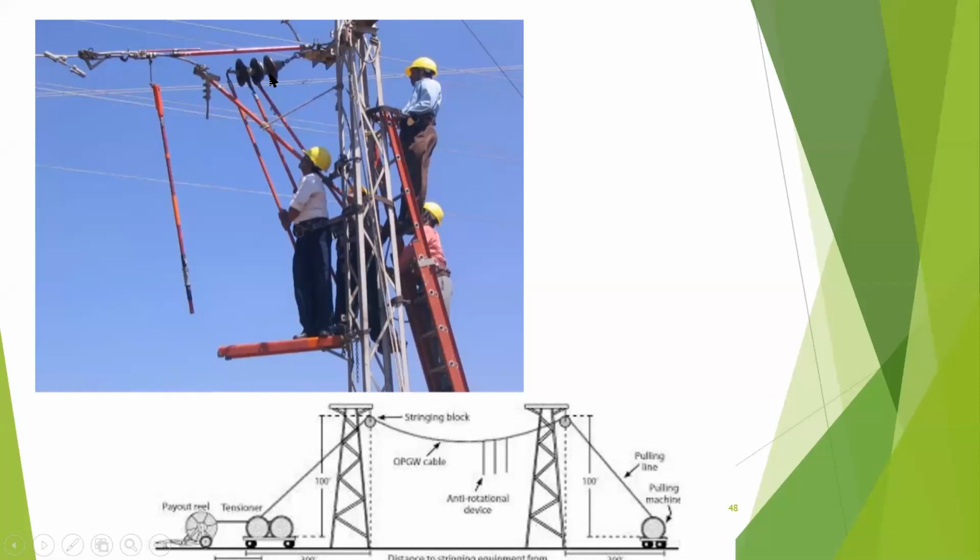When this one is a little slacked, they handle the insulator string to be removed from the cross arm, and then they can replace it with another one. They can do the complete operation with these sticks. These are 33 kV lines with 3 insulators.